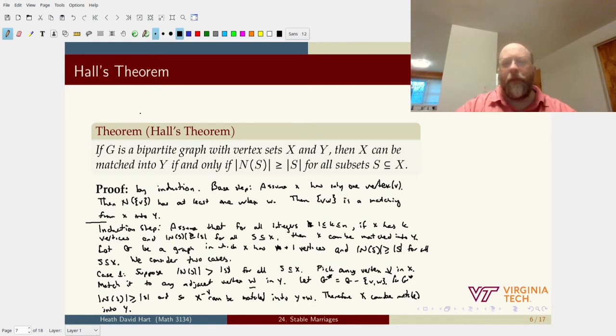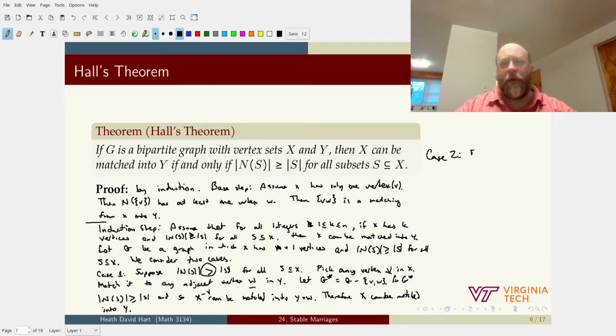All right. So let's look at case 2. There is some set S for which we cannot make the inequality sign go away.